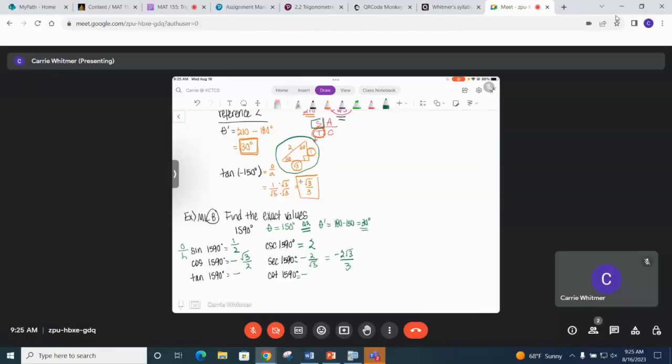So I just rationalize the denominator similar to what I did right here with tangent. And my tangent should be the same thing that I already have back here. The radical 3 over 3 is just negative this time because we were in a different quadrant. Okay, and then that makes cotangent radical 3 because I'm going to flip this instead of flipping the radical 3 over 3 just to save some time.